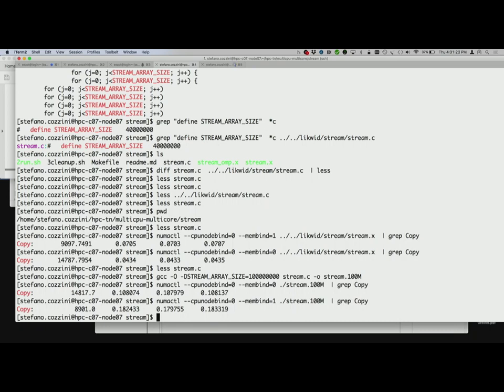I mean, we have to check carefully, but my guess here is again, on Triad it was working correctly, because Triad is doing this kind of operation: A and B and C are all vectors, no? A = B + C. And so here, 1, 2, 3 memory accesses, okay? 2 floating point operations. And so it could be that having 3 arrays, I'm actually bypassing easily the limit of my cache.